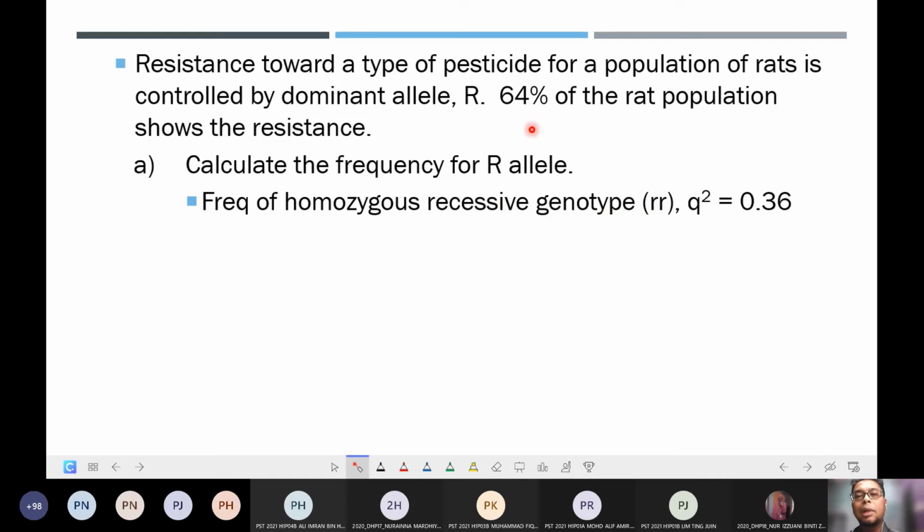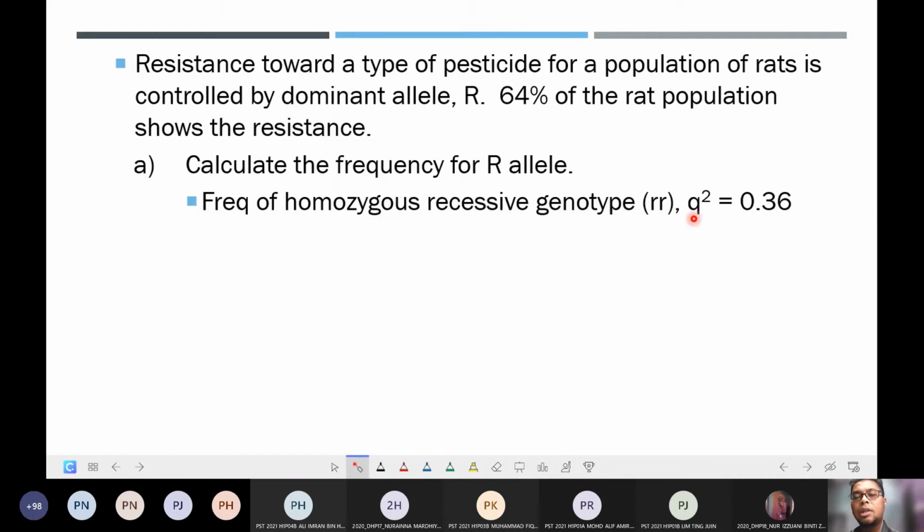Kalau kita tengok kepada 64% ni, 64% will be the dominant individuals. But we are not sure sama ada mereka ni 64% ni adalah R besar ataupun R besar R kecil. Ada dua possibility. So kita fokus kepada yang resesif, kerana yang resesif tu confirm dia punya genotype adalah R kecil confirm. So ingat tu, dia punya tip dia adalah start with the homozygous recessive genotype.